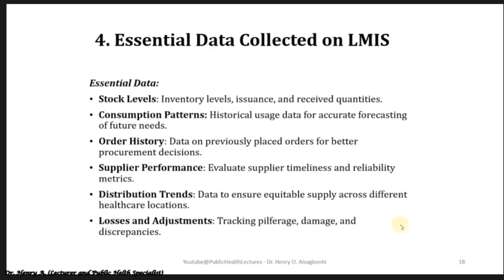We see the next one, losses and adjustments. What does this mean as an essential data that must be collected on the LMIS? This covers what is lost due to either pilferage, damage, expiration, or discrepancies during stock count.